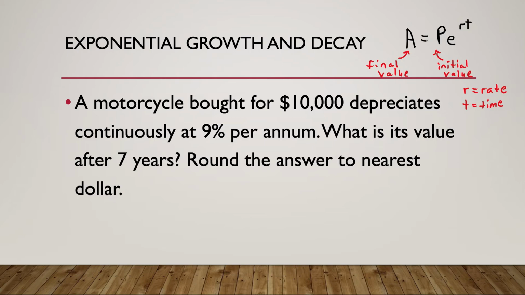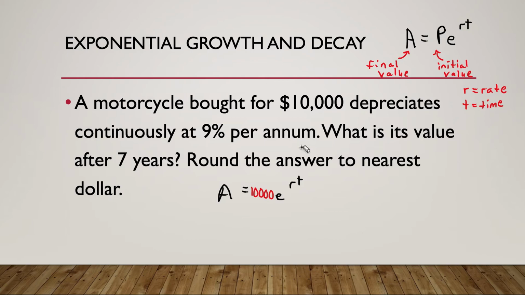As I look at my formula, I know that the initial value of the motorcycle was $10,000, so that is going to go in for the P. I know that the motorcycle is depreciating at a rate of 9% per year, so that's going to be my rate.